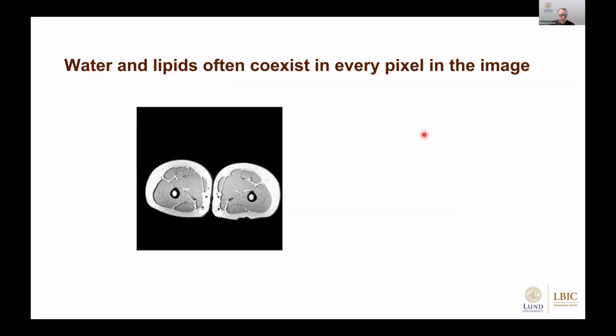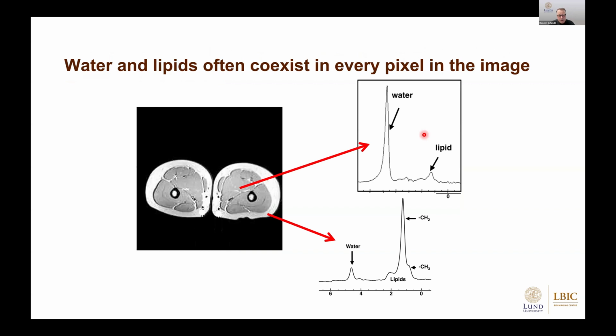In the middle, you see the bone, which is black. We don't see that on MR. I'm seeing the bone marrow bright. But if you look superficially, you have a lot of superficial lipids over here. And if I pick a pixel in the middle of the muscle, I will see a signal for water, and I will get a signal for lipids.